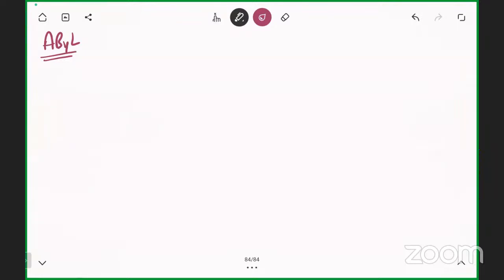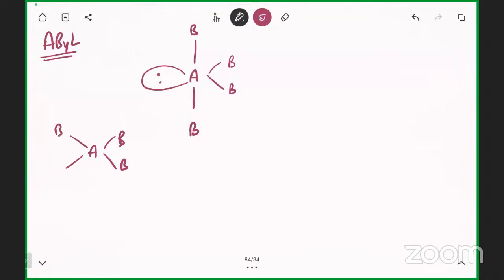If I take this as AB4L type, so A, B, B, B, B, and this is the lone pair. It can be like this, but because there is a repulsion between this lone pair and the bond pairs, this lone pair repels this bond pair and that bond pair, so they become straight.